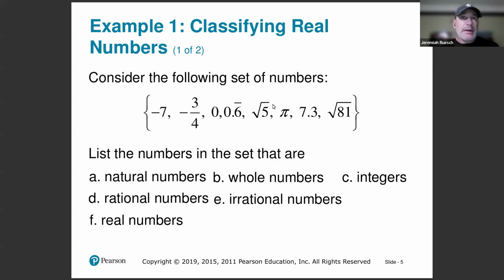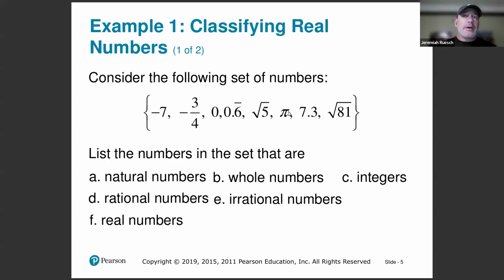So -7, -3/4, 0, 9, and 0.6 repeating. In fact, we saw in a previous example how to convert that back to a fraction, which was 2/3 in that case. So those are all rational numbers. The irrational numbers are, in this case, the square root of 5 and pi. And finally, the real numbers would be the entire set.